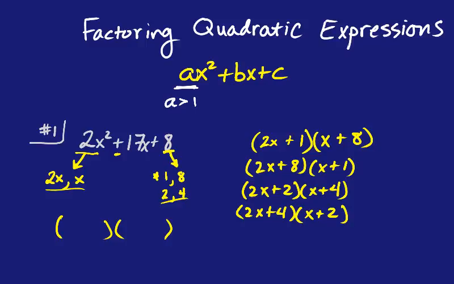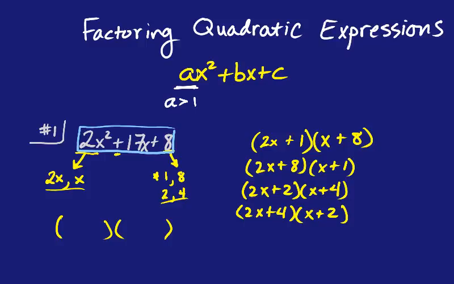And you say to yourself, how do you decide which one's right? The way to decide is to go backwards and FOIL and see which one actually gives you 2x squared plus 17x plus 8. That one would be your answer.